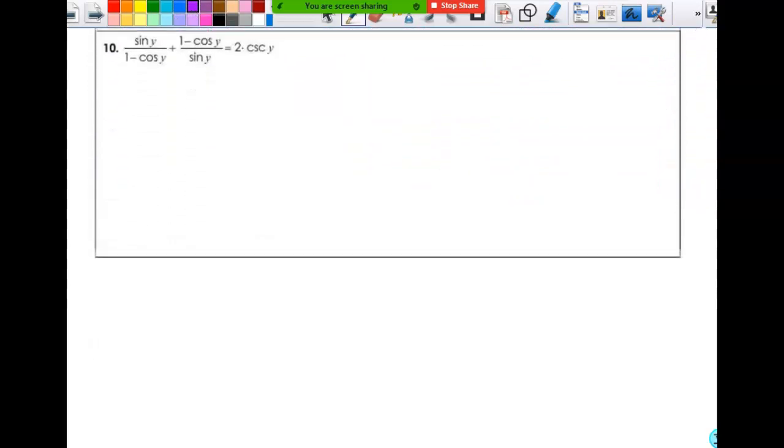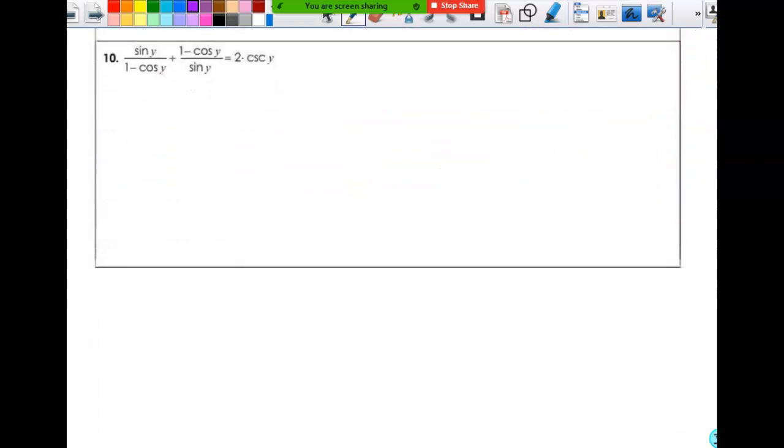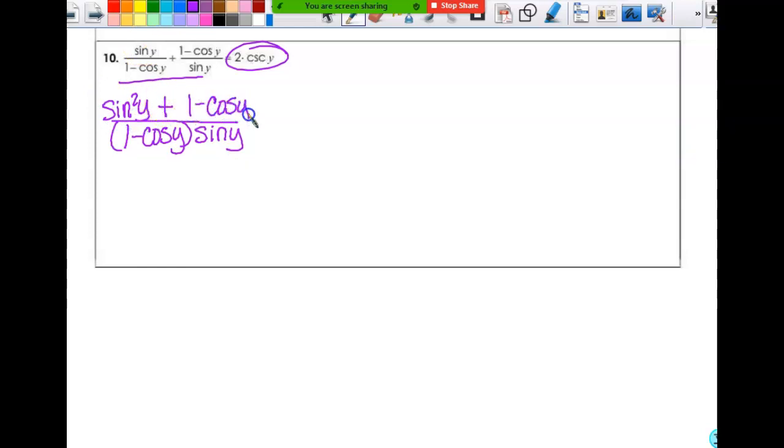But all right, number 10. I think we're going to work with the left-hand side, get it to the right-hand side. I'm going to get a common denominator. So my common denominator will be 1 minus cosine y times sine y. The numerator, the first term will be sine squared y plus, and then this will be 1 minus cosine y squared.